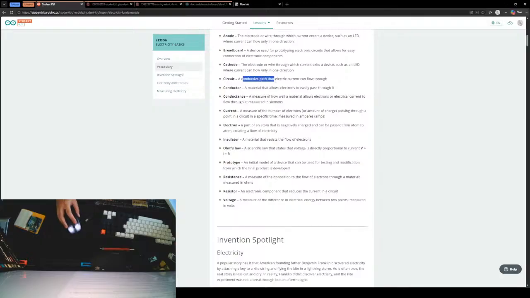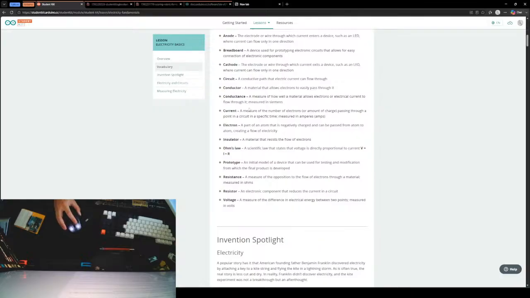Circuit: a conductive path that electric current can flow through. Conductor: a material that allows electrons to easily pass through it. Conductance: a measure of how well a material allows electrons or electrical current to flow through it, measured in Siemens.